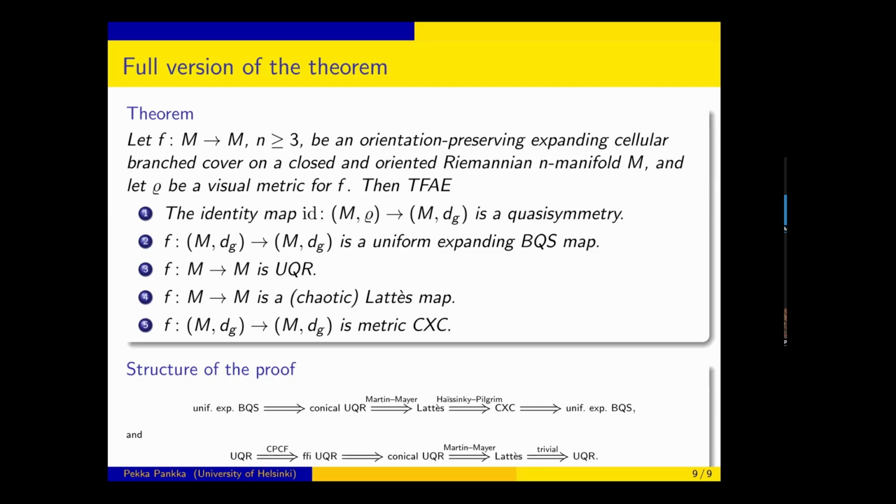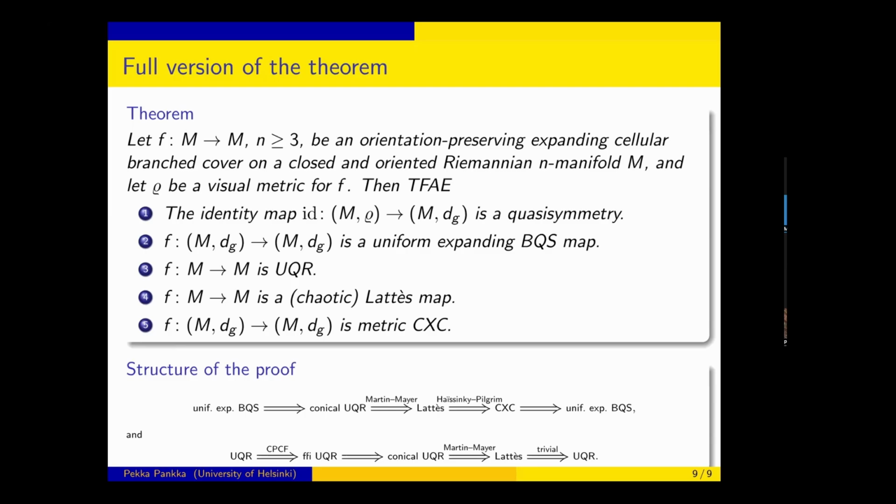So how we work this out is that, because 1 and 2 are equivalent, it's enough to show that 2 to 5 are equivalent. So we start with 2, uniform expanding BQS, and we prove directly from the metric property that these mappings are uniformly quasi-regular.